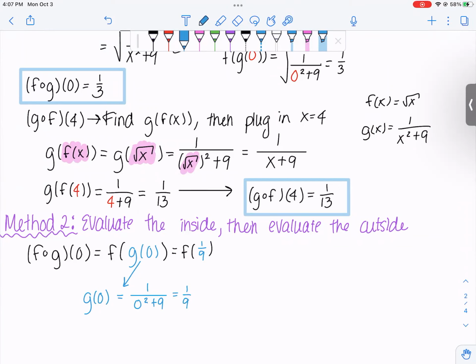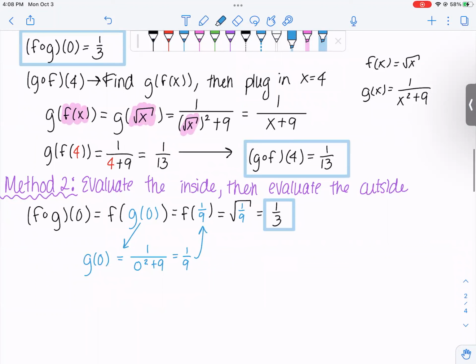I'm taking 1/9 and plugging it into the function f. So this is the square root of 1/9, which is 1/3. That's the same answer that we got right up here. So it works.